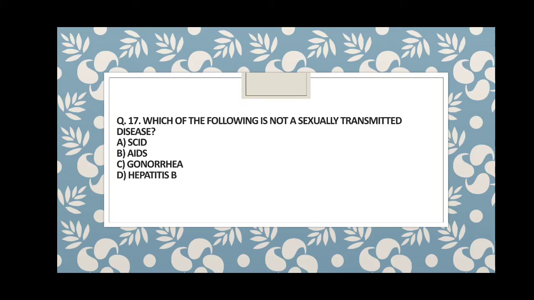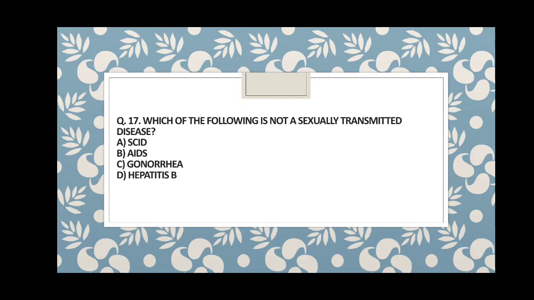Actually, fungi, viruses, bacteria and many other pathogens are related to sexually transmitted diseases. You have to know which pathogen has which characteristic feature, and what are those pathogens which are going to cause sexually transmitted disease.